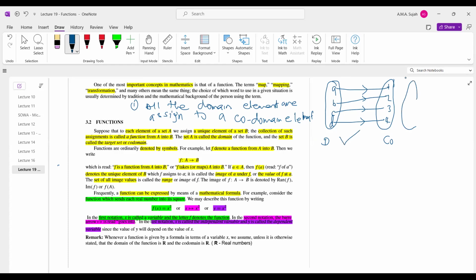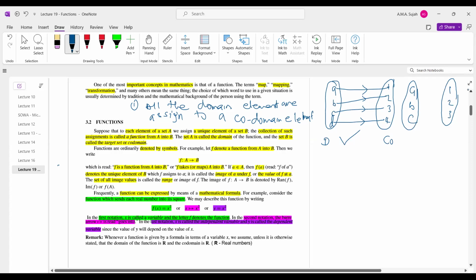Now tell me, what about this one? The first point says all the domain elements must be assigned with a codomain element.